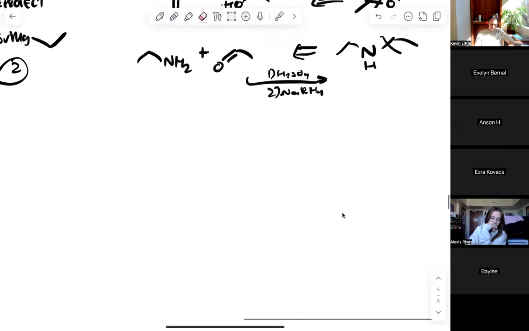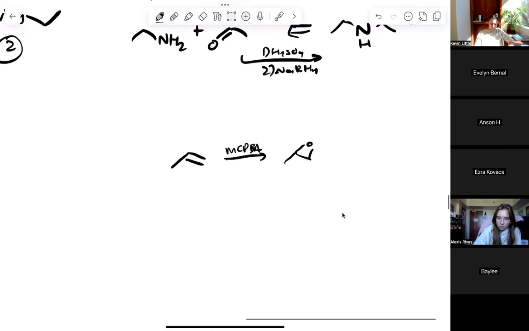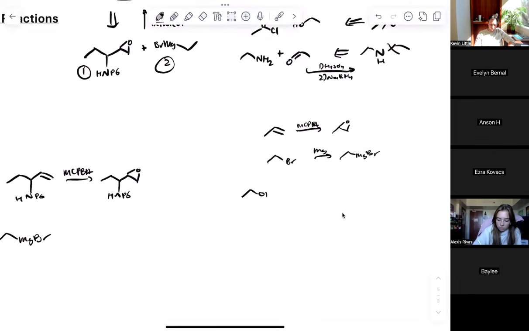You want to be able to form epoxides. You want to be able to form Grignards. You want to be able to form acyl chlorides.